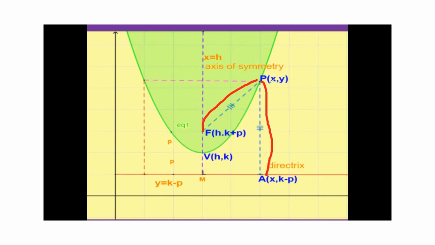Here the distance from the point on a parabola to the focal point is (x minus h) whole square plus (y minus k plus p) whole square equals (x minus x) square plus (y minus k minus p) square. This is the equation of the parabola.